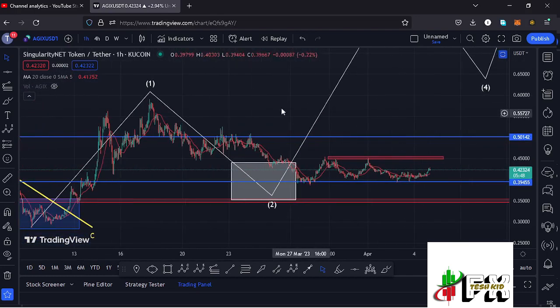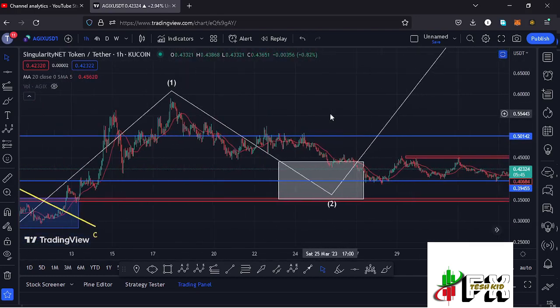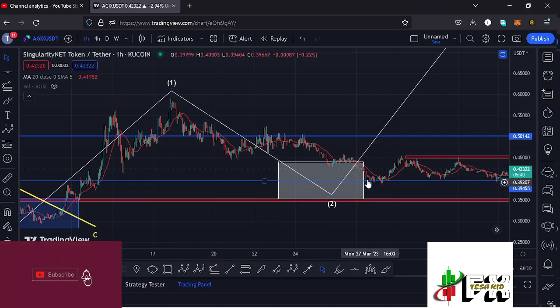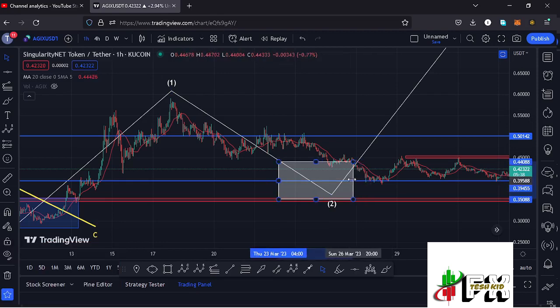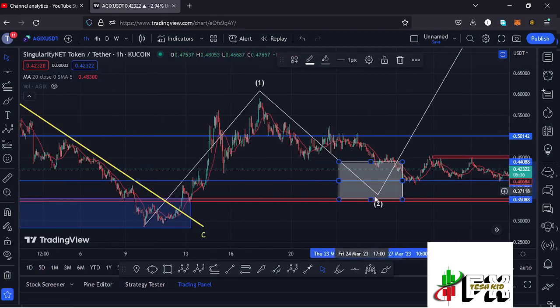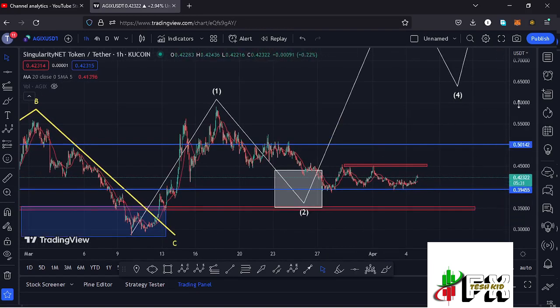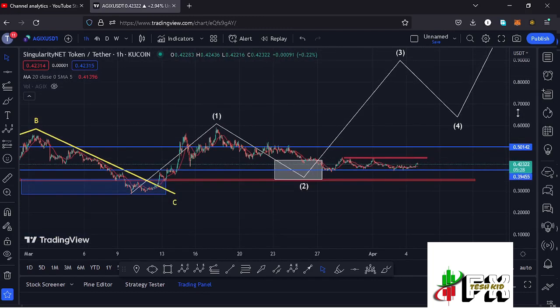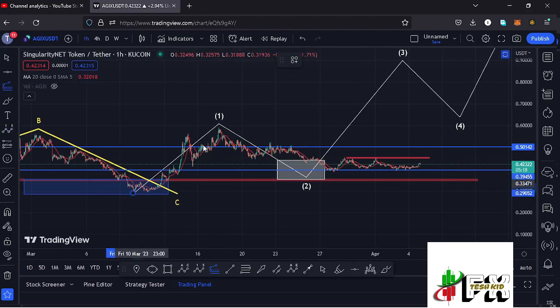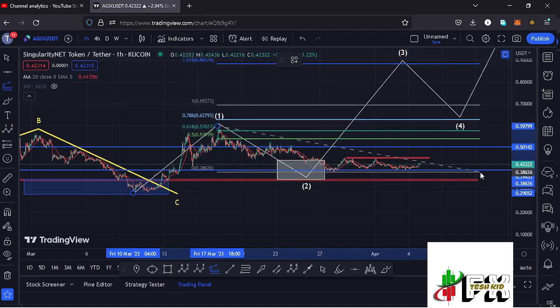And after seeing the high for that first wave, we started a corrective structure in the formation of this wave 2 in a move that has now managed to get into the minimum retracement areas within this white target area. And having seen the low for this second wave, whatever we expected next was the start of an impulsive wave in the formation of this wave 3, and now sketching out a target area in the formation of this wave 3 by connecting the trend-based Fibonacci from the low of the first wave to the high of that wave 1, then dragging the fibs to the low of the second wave.